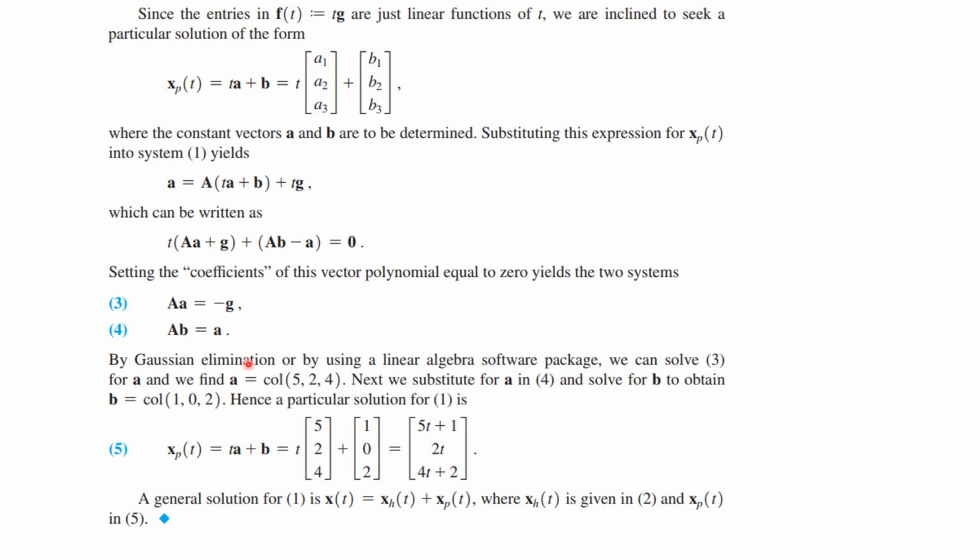We'll end up with two equations and two unknowns, and we will solve this, and we will learn that a is 5, 2, 4, and b is 1, 0, 2, and that means that this x sub p is, I can combine those, and I will have 5t plus 1, 2t, and 4t plus 2. So the general solution is going to be the solution of my homogeneous equation on an earlier slide plus this one.